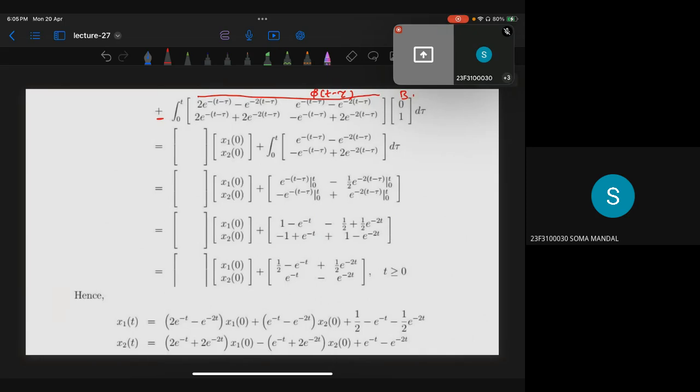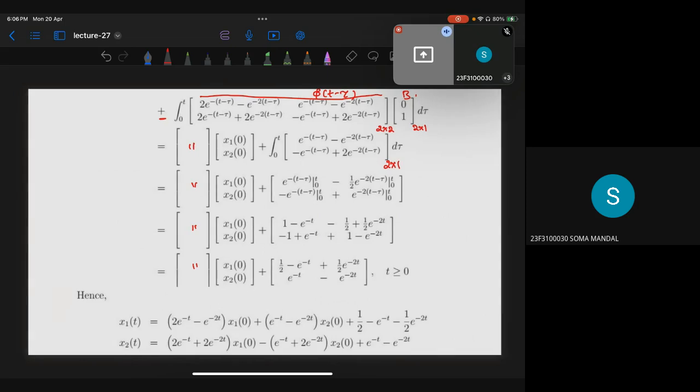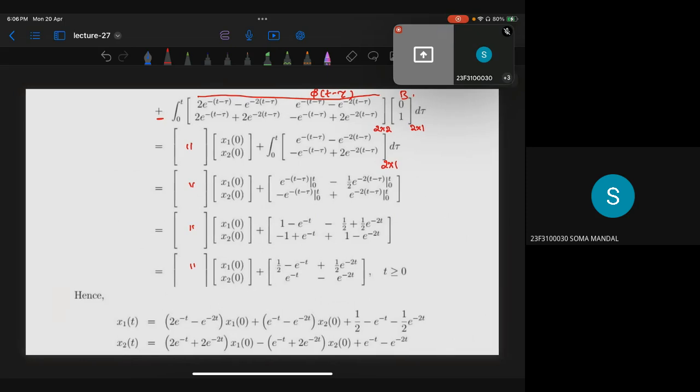Now you can see the rest is calculations only. This term is carried forward as it is, and you do some simplification here. You multiply phi of t minus tau, a 2 by 2 matrix, with the 2 by 1 matrix. Simplifying all these calculations, the final expression will be only 2 by 1.